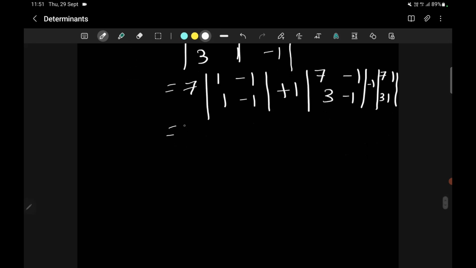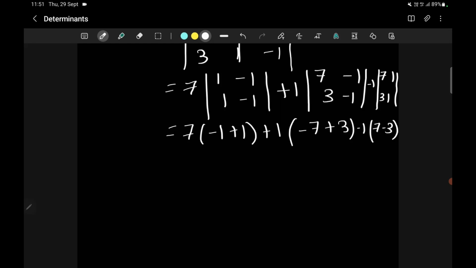Now let's simplify this. 7 inside the bracket. 1 into minus 1 is minus 1. Minus 1 becomes plus 1. Plus 1. 7 into minus 1 is minus 7. And this will become plus 3. Minus 1 inside the bracket. 7 minus 3.